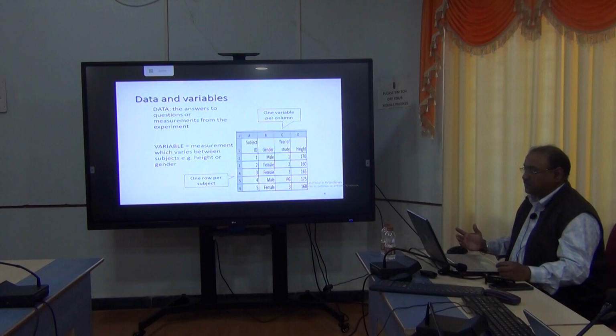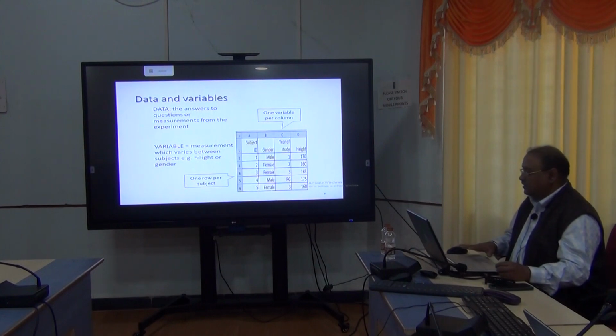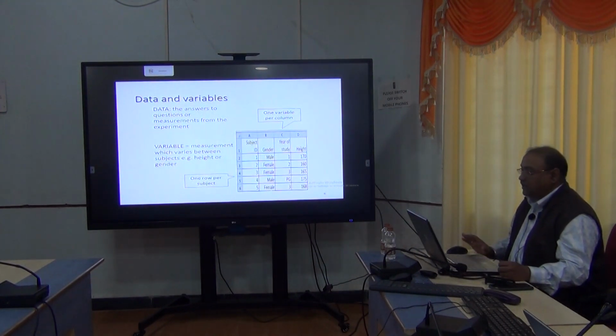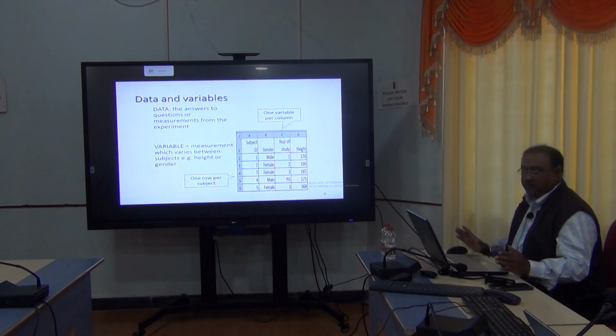So that's why in SPSS at least, and I am sure for those using other formats like Excel or Stata also, if you choose to enter data manually, you have to be very, very careful that you have an ID variable which should be unique for each of your units of data collection.